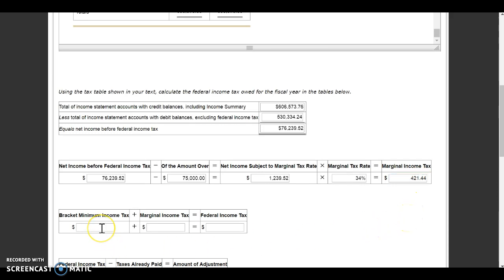Now, still looking at that tax bracket, my bracket minimum income tax says that my minimum is $13,750 plus that 34% marginal income tax, which we figured out to be $421.44. We add those two numbers together. What we figure out for our federal income tax then is $14,171.44.